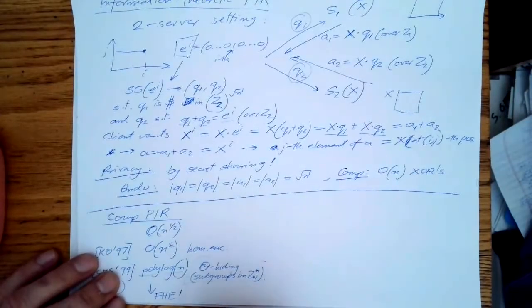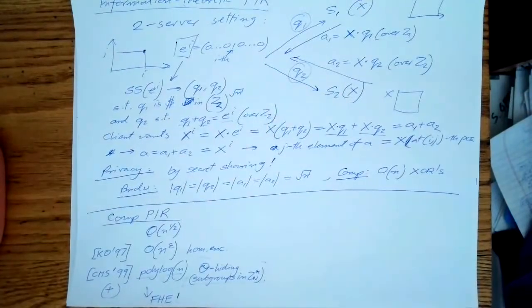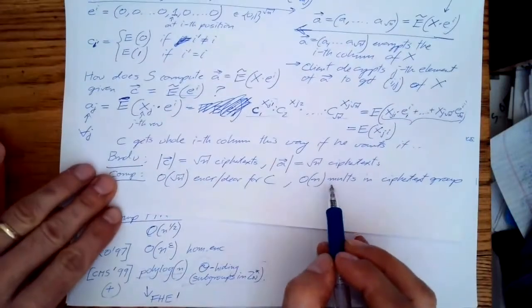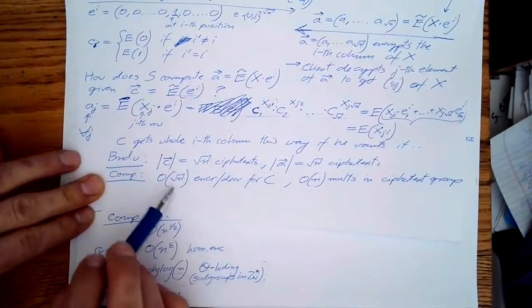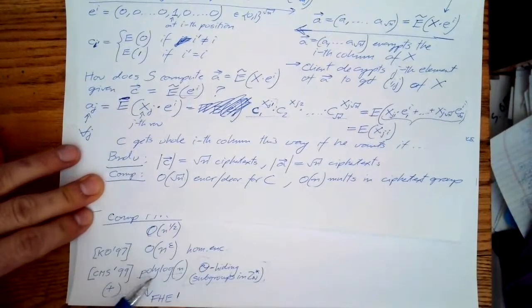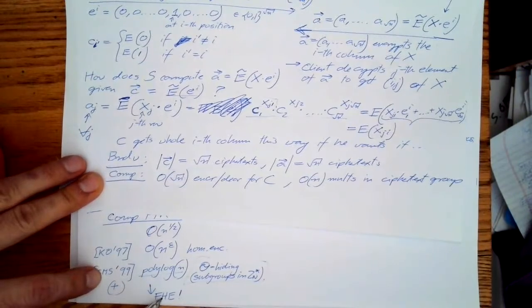But fully homomorphic encryption is significantly more expensive, right? The cost of this basic one has a suboptimal bandwidth, driven down by usage of a more complex encryption, and is going to be driven to a constant times security parameter.